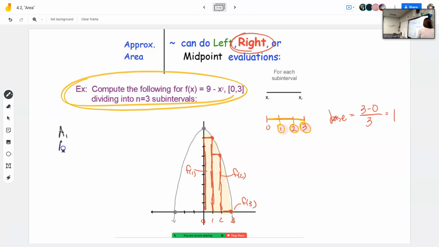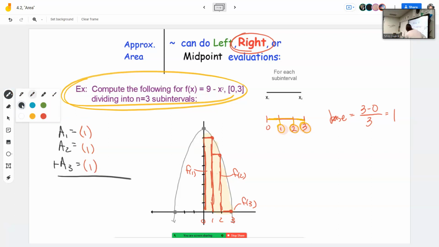Because if I just wasn't really thinking about it, A1, A2, A3. Just trying to add together some rectangles. I have my base, base, base. It's all about what do I got? And then my f of 1, f of 2, f of 3.